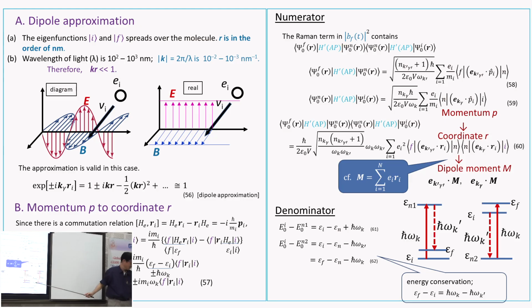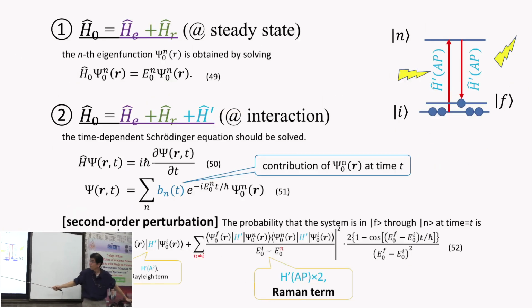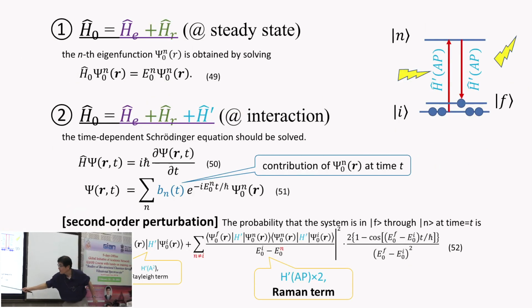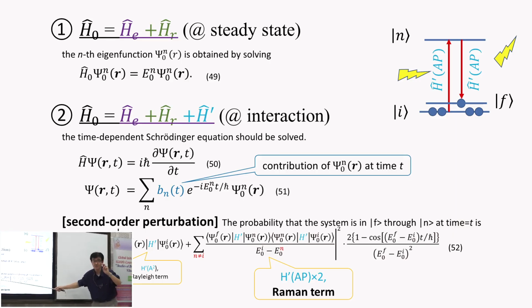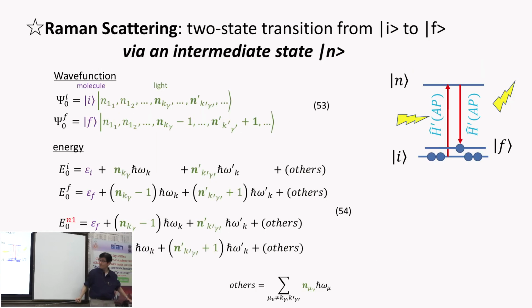In the first term, E_I minus E_N, and I explained there are two intermediate states, N1 and N2. So E_I minus E_N1, E_I minus E_N2. Two possibilities should be considered.